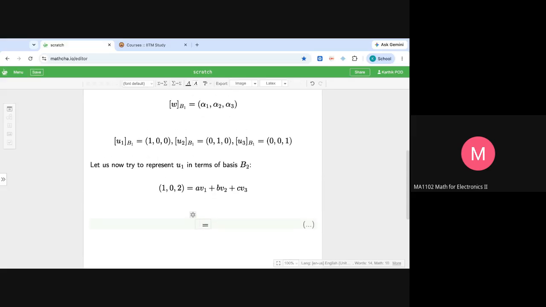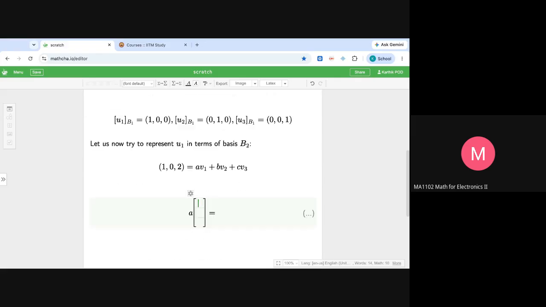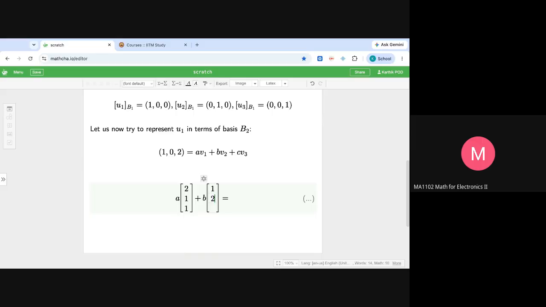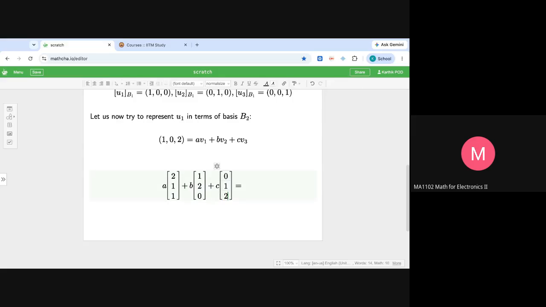This is just a system of equations. So A times the vector 211, plus B times the vector 120, plus C times the vector 012, is equal to 102. So we have to solve for A, B, C.